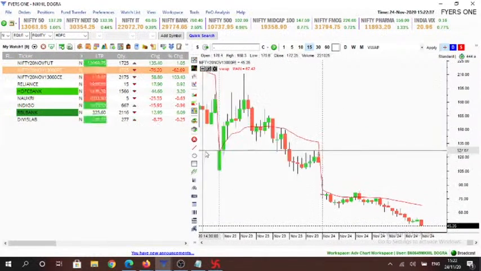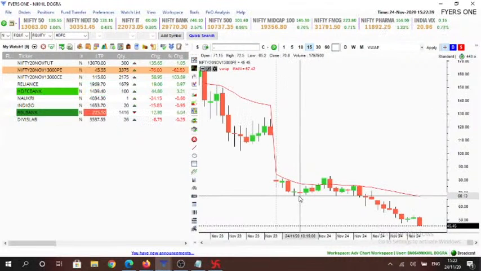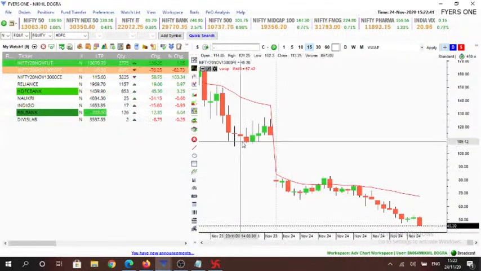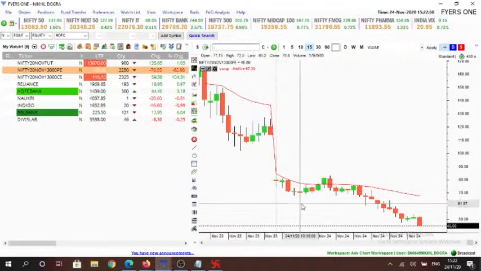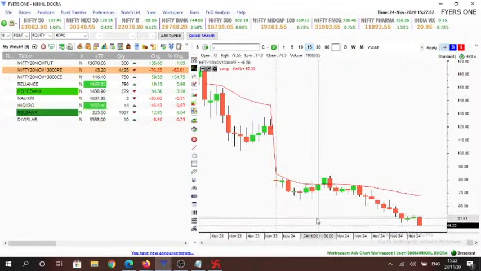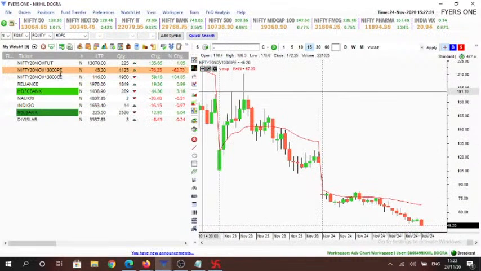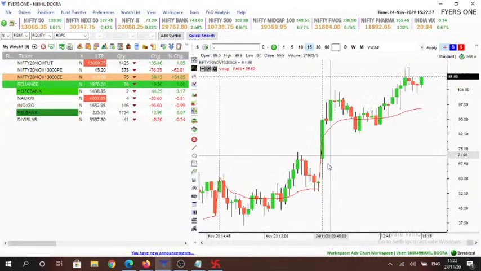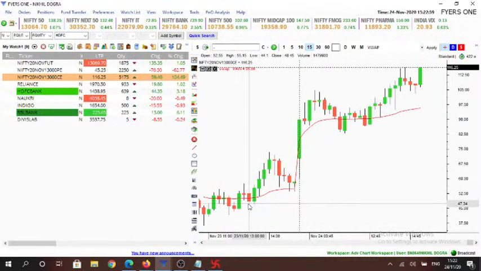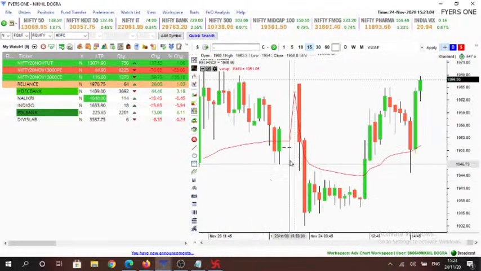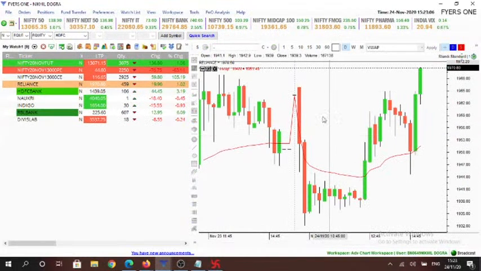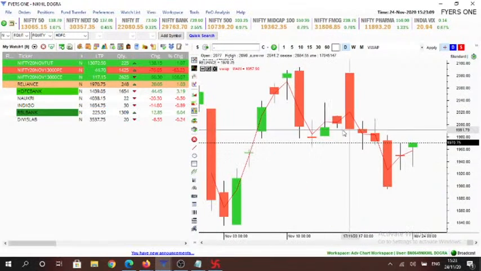Futures are at highs. See the calls. I think Reliance has broken to the upside now.